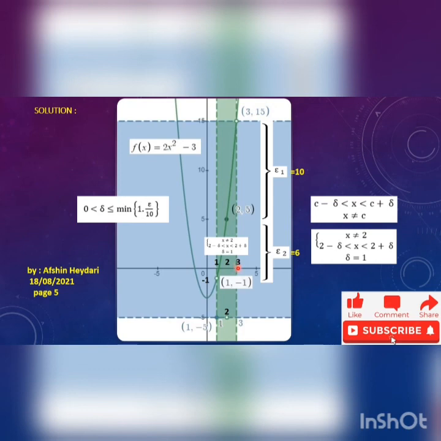F of 3 is 15, and the distance between the answer of the limit, which is 5, and 15 will be 10. I want you to have a sense.